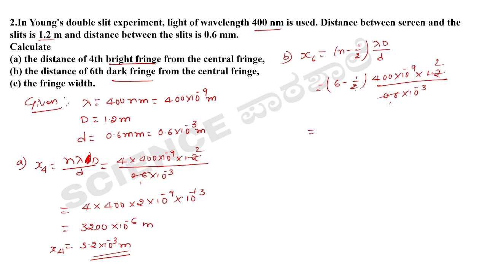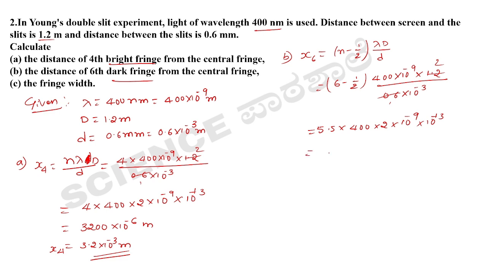So 6 minus 1 by 2 means 5.5, right? Let's write down here 5.5 into 400 into 2 into 10 raised to minus 9. Take this minus 3 into numerator, 10 raised to plus 3.